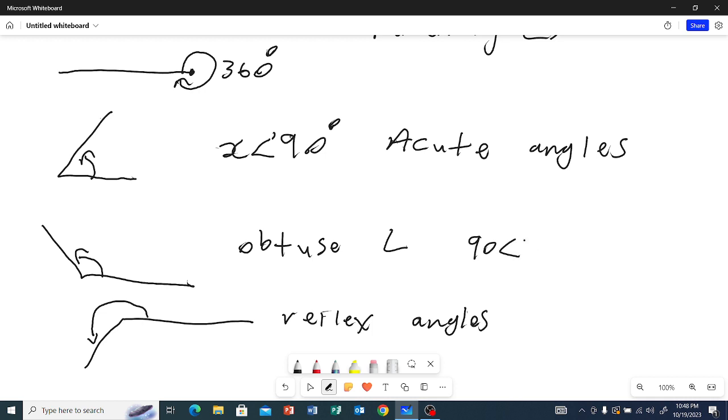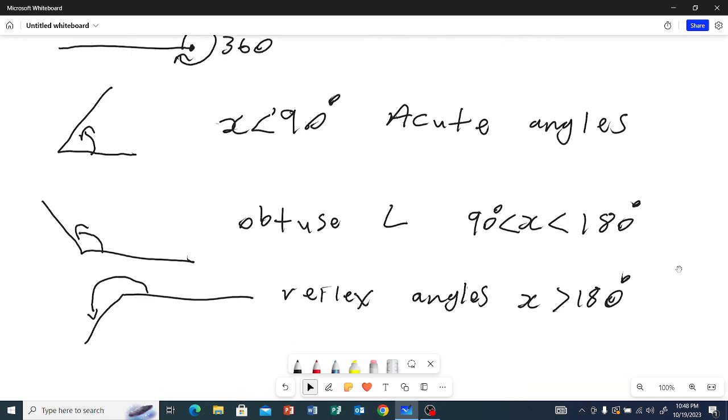So x must be greater than 90 in an obtuse angle, but less than 180 degrees. Where x is greater than 180 degrees, we call them reflex angles. I hope this one makes sense.